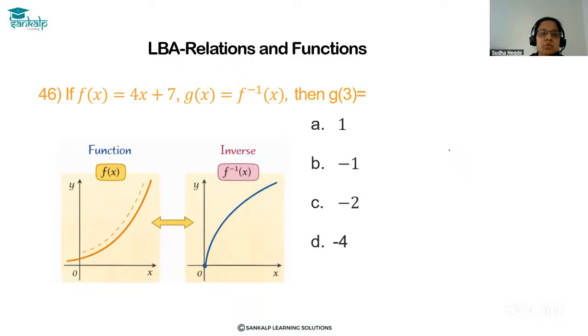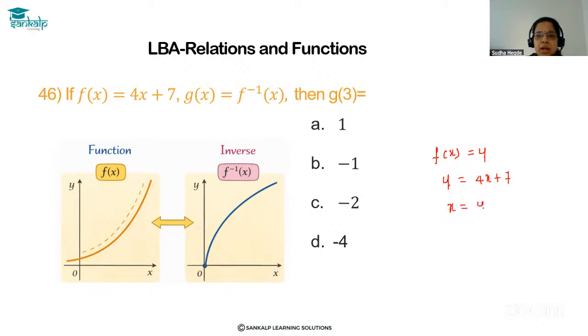So what I have to do, first step, take f of x is equal to y. Therefore, y is equal to 4x plus 7. Correct? Now, rearrange for x.